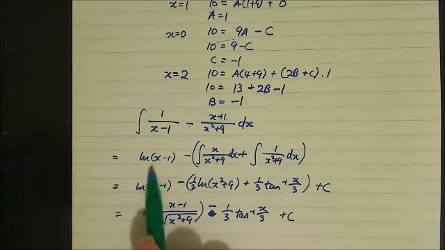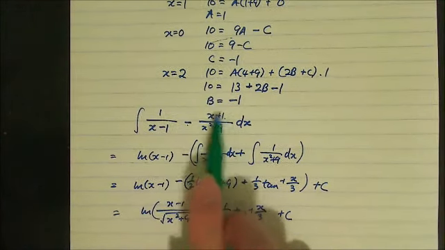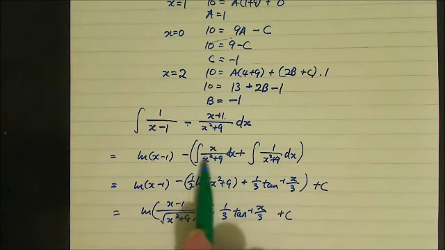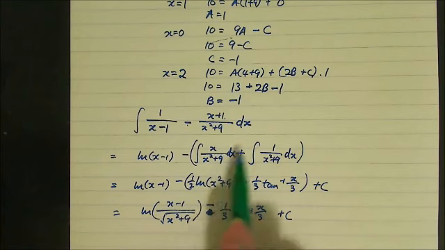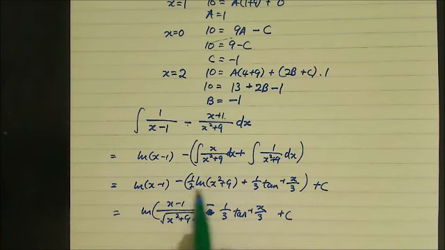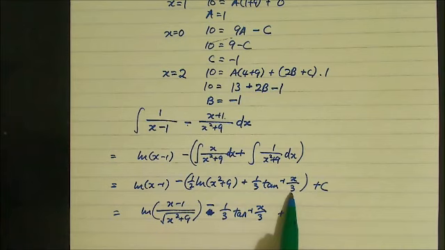Now the first part simply is ln|x minus 1|, and the following part we've split this fraction into 2 bits. We have the integral of x over (x squared plus 9), and we have the integral of 1 over (x squared plus 9). Now the first part is going to be a half ln(x squared plus 9), and the other part is going to be a third inverse tan of x over 3.